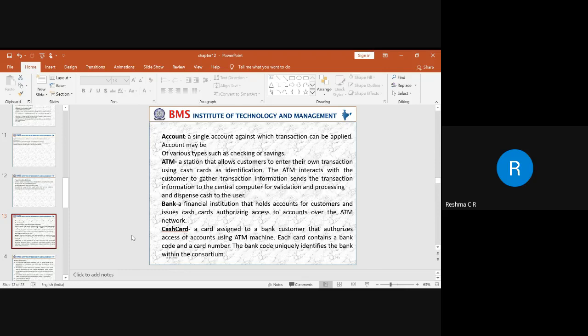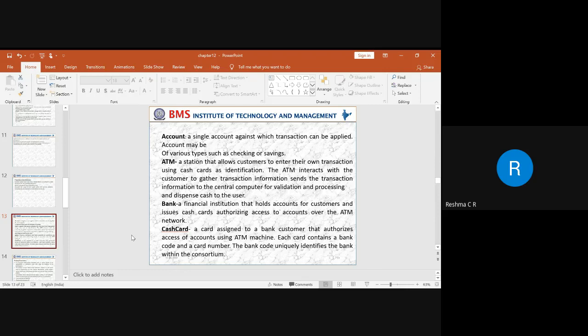When I'm making a transaction from a Syndicate Bank, we need to indicate from which bank code the transaction is being made. So through the bank code, the transaction that has been made will be identified. That will be updated to the central computer, and from the central computer, it will be sent to the bank.